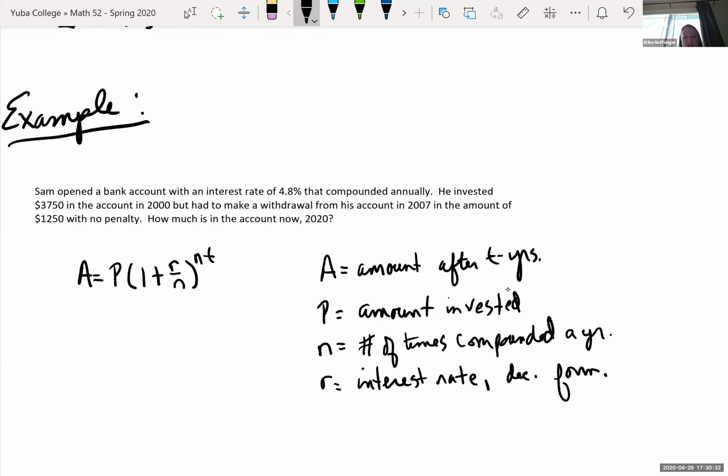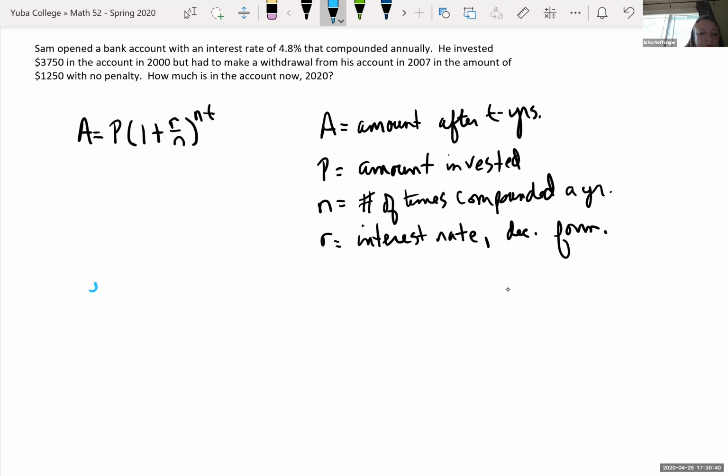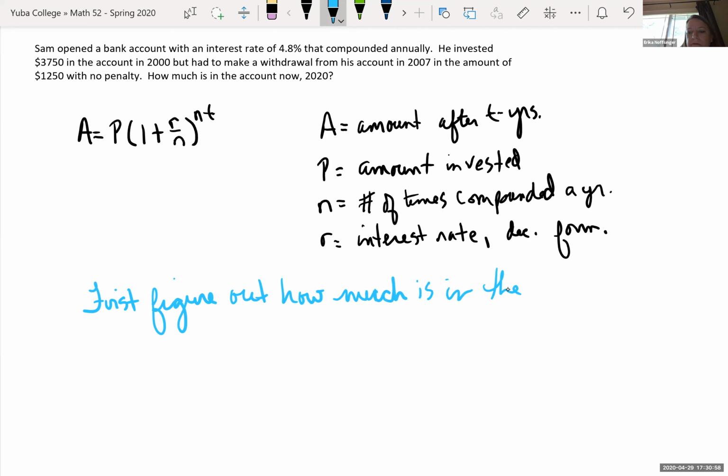So let's first figure out how much money was in the account in 2007, or figure out how much is in the account after he withdrew $1,250.